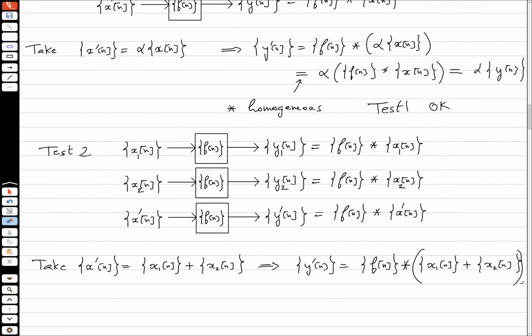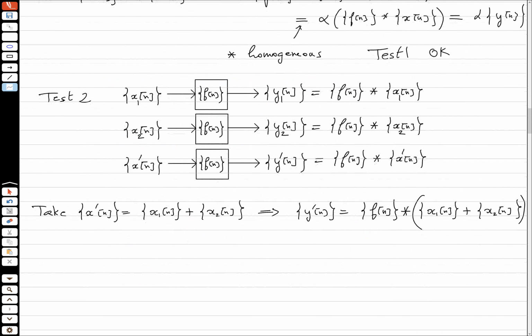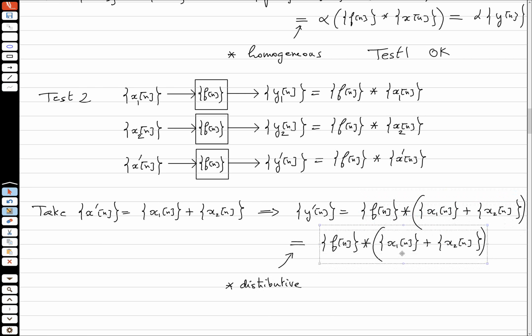And what property do you feel like using? Because convolution is distributive, you get this plus this.